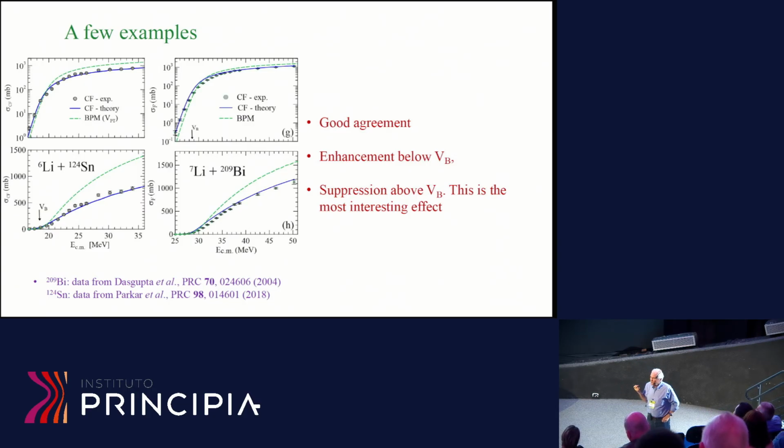And the suppression above the Coulomb barrier comes from the fact that if one has breakup as the projectile approaches the target, then complete fusion can only take place in a two-step process, which is less likely. Then the cross-section is reduced.